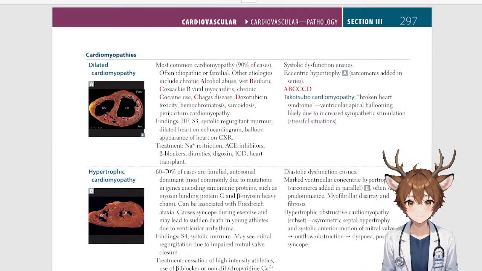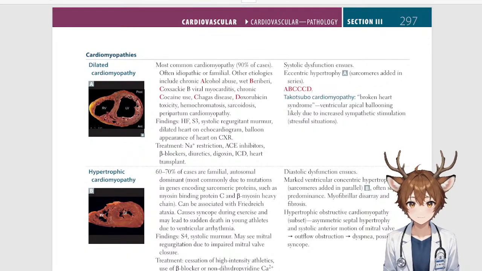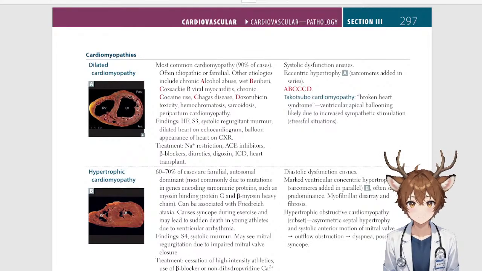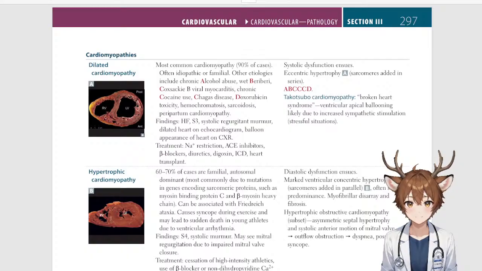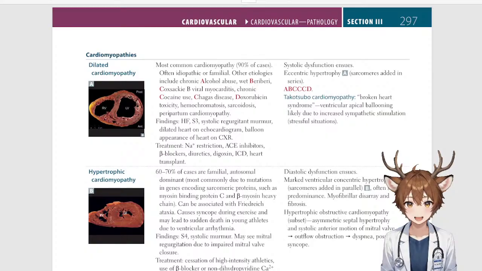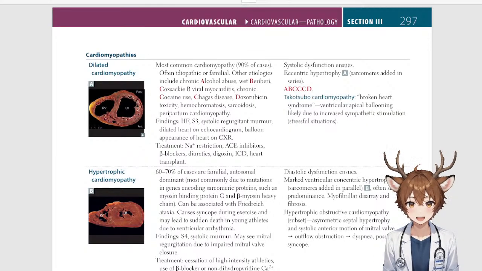So even though I would say that when you look at a second degree Mobitz type 1, it looks more strange, because the PR interval is getting larger and larger until eventually the QRS complex is just gone.